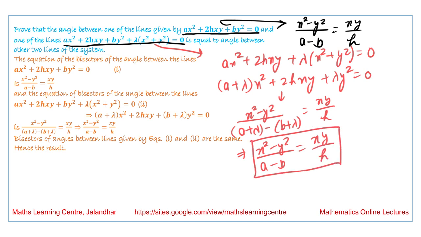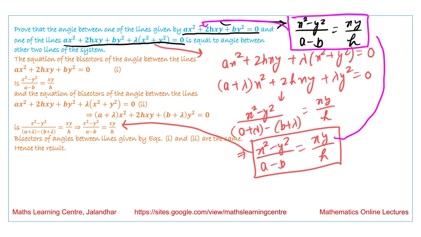So this is the equation of angle bisector of this line, and this is the equation of the angle bisector of the first line. And clearly we can see that both these equations are same. Both these equations we are talking about, this is the angle bisector of the first pair, this is the equation of angle bisector of the second pair, and we are saying both these equations are same.